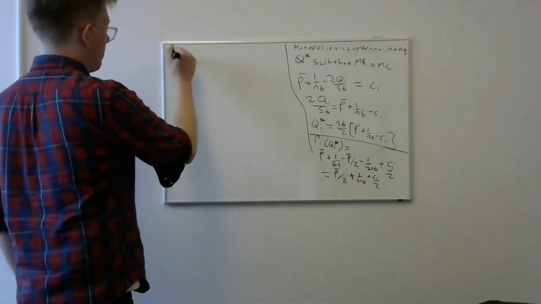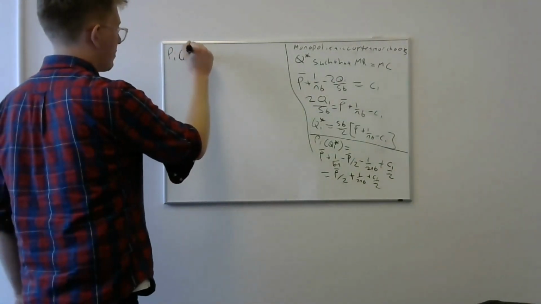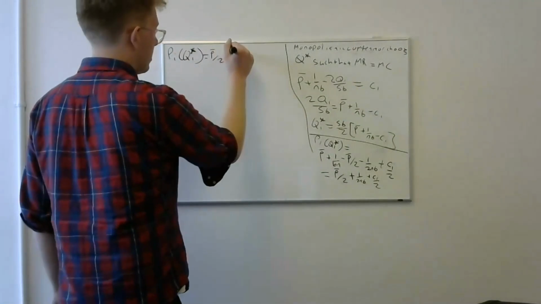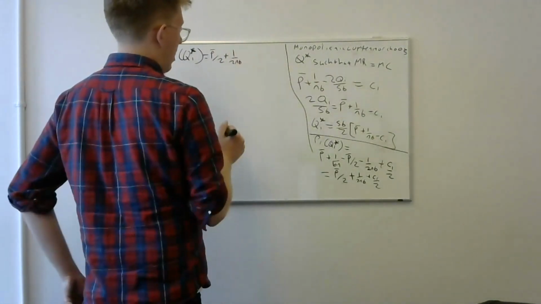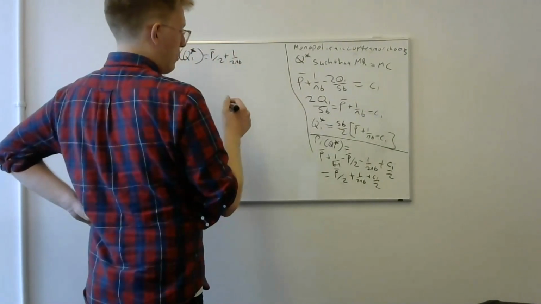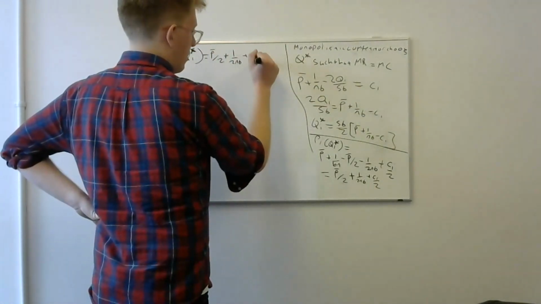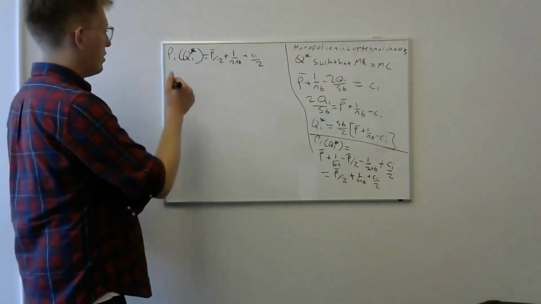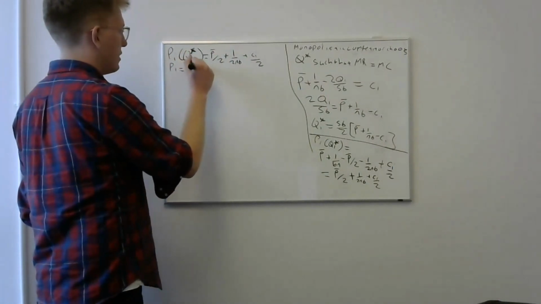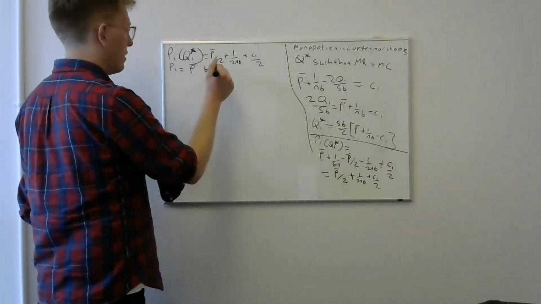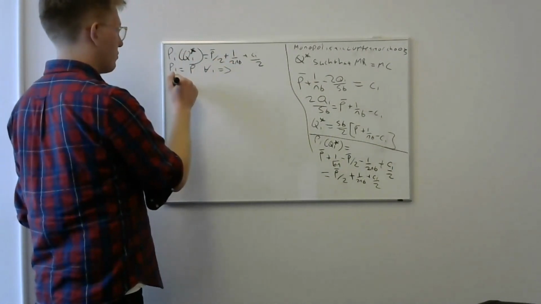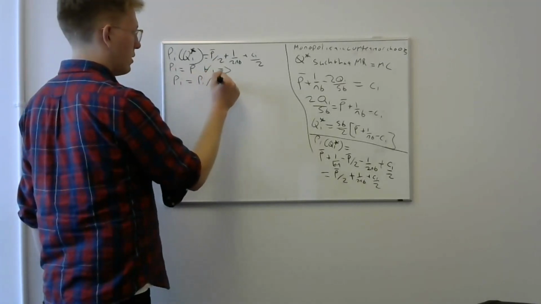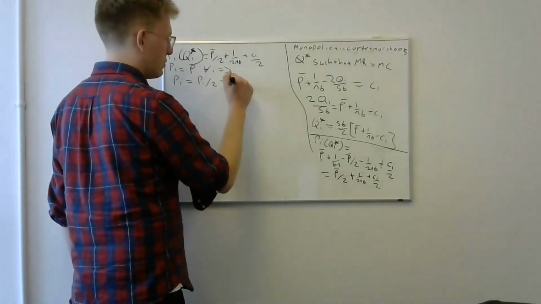Okay, so I have that P_i of Q_i star is equal to P bar over 2 plus 1 over 2 MB plus c_i over 2. And if P_i is equal to P bar for all i, then what is this going to imply? This is going to imply that P_i is equal to P_i over 2 plus the rest of these terms.